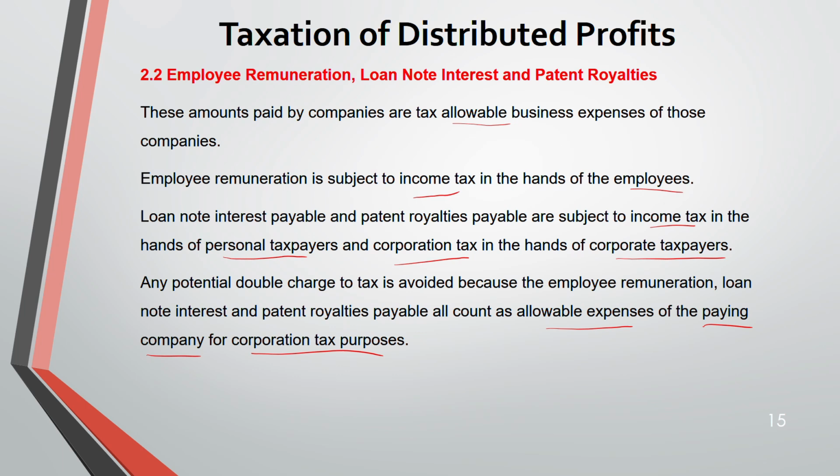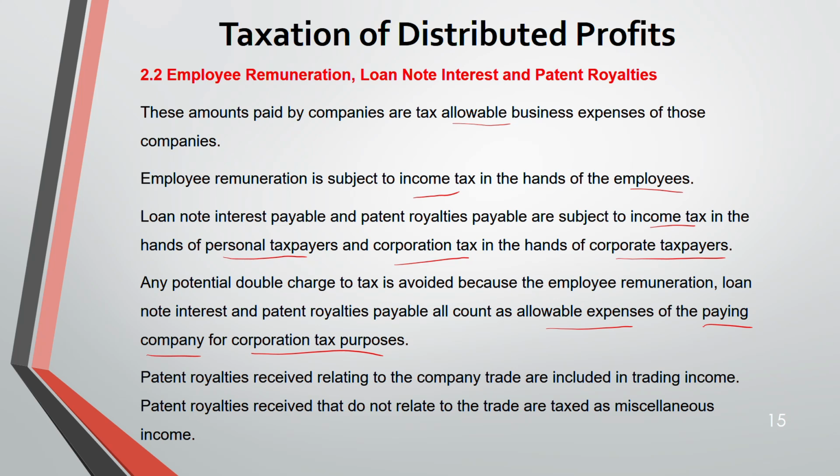Same for loan interest and patent royalty. They are subject to income tax or corporation tax in the hands of the recipient, depending on whether the taxpayer is corporate or personal. So they do not charge it twice. That's why when you're calculating the company profit, these three are deducted as an expense. They are not taxed twice.